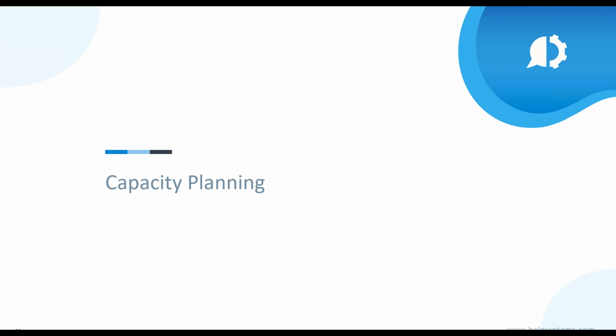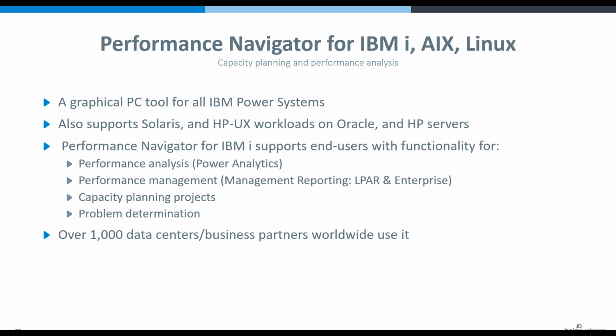All right, Ash, over to you to talk about capacity management and performance planning. Yeah, and what we're talking about here really is our Performance Navigator product that we acquired from MPG some 4.5 years ago now. So this really is a graphical tool that uses freely available data.